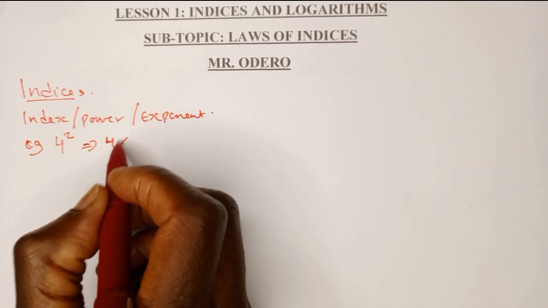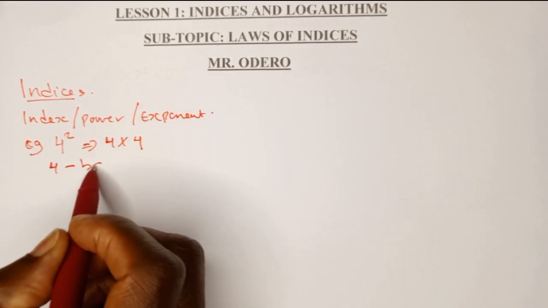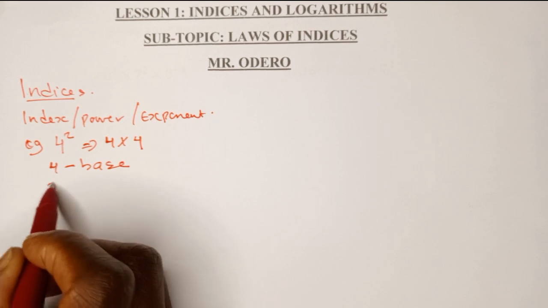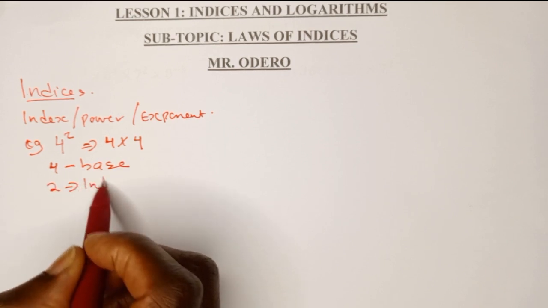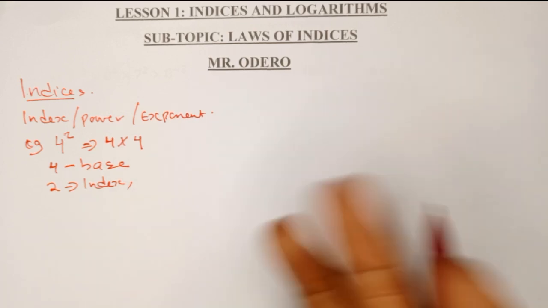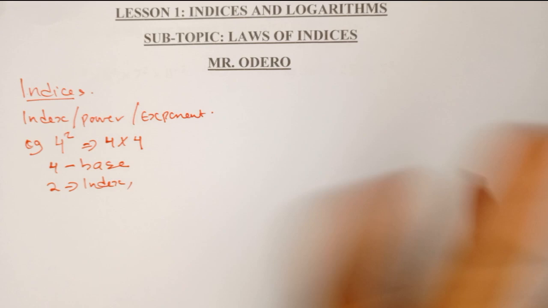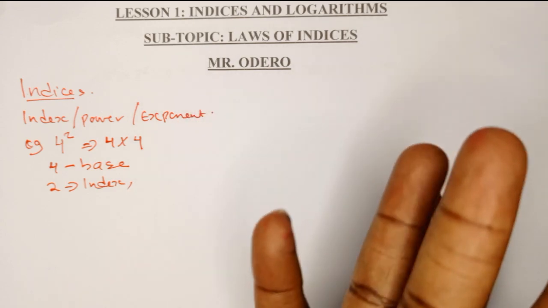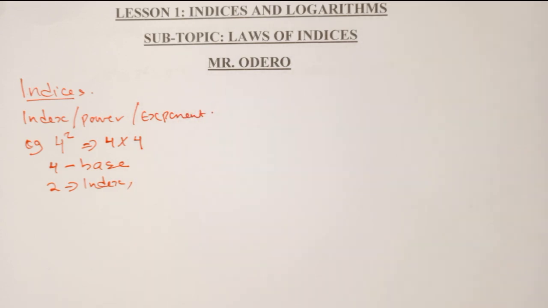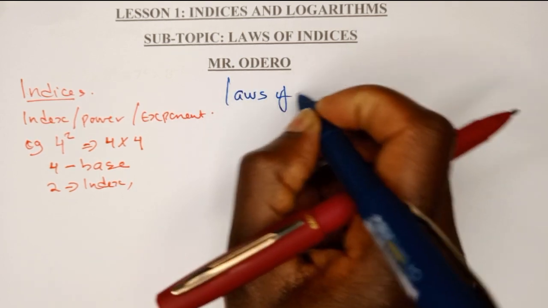That is 4 times 4. This 4 is called the base, and this 2 is what we call the index, power, or an exponent. An exponent is not a very common name in our syllabus, but it is another name of power or index. So let us write laws of indices.